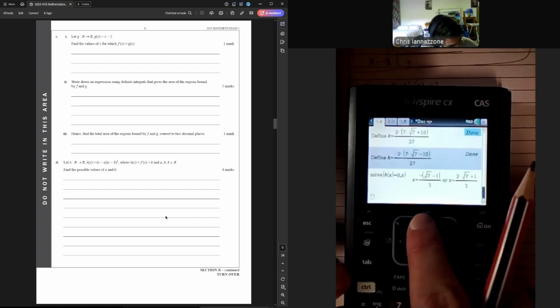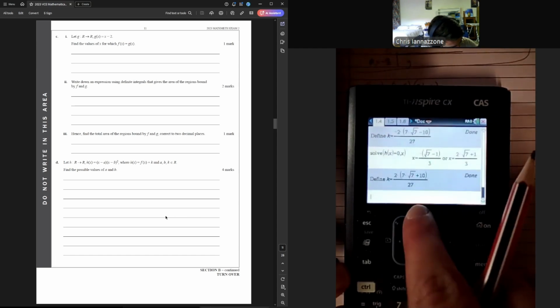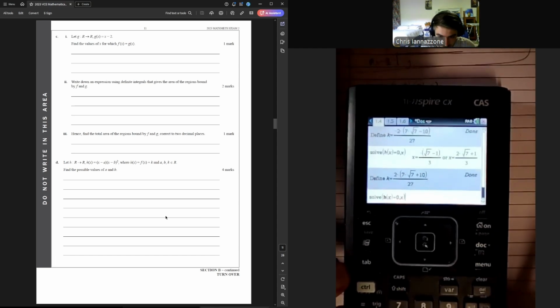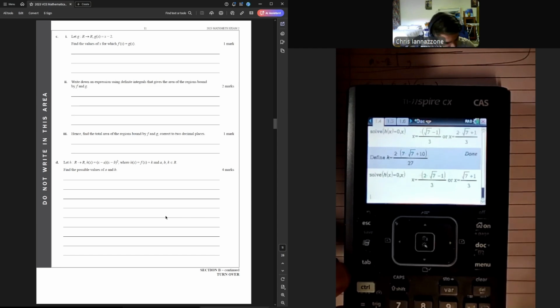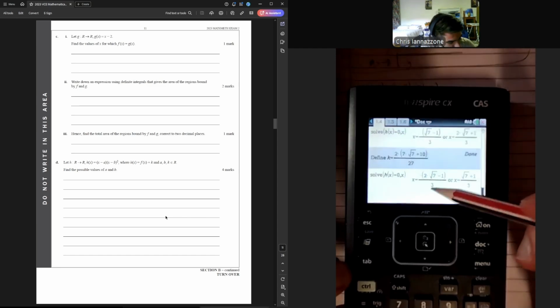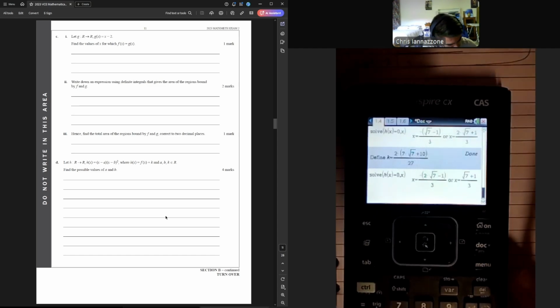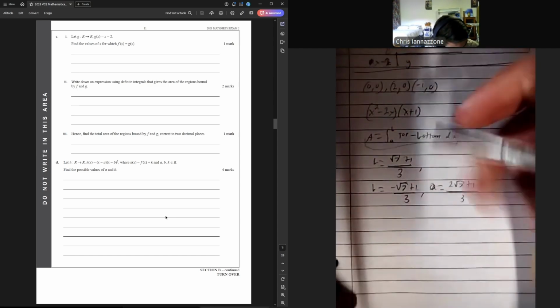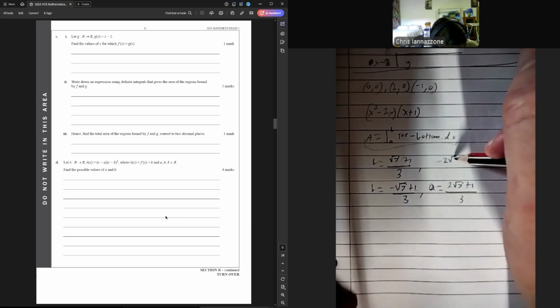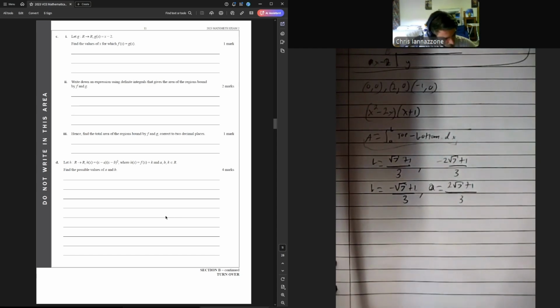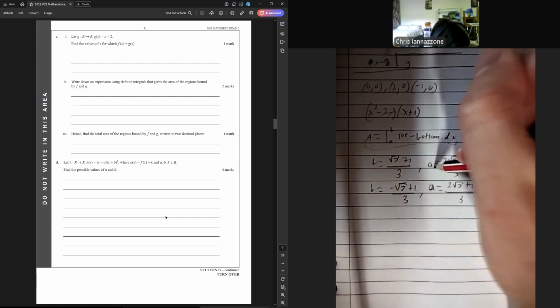If we then redefine k as this and then solve again, well, we're going to get possibly what we already expected, which is the negative side of that root. So corresponding to that would be negative 2 root 7 plus 1 all on 3. And we should say a is equal to that.